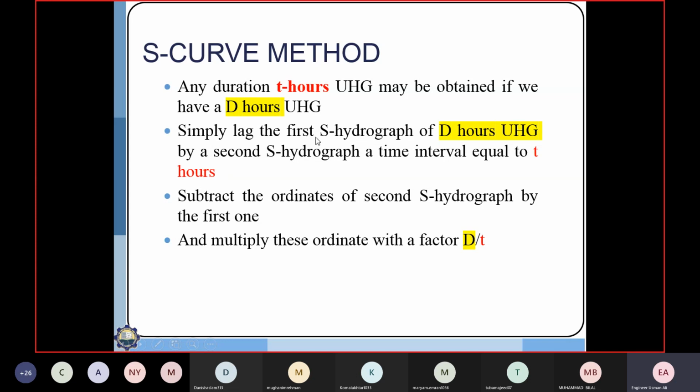One is the 4 hour S curve, which is obtained directly from this, and the other will be the offset of the S curve, which is lagged by T hour, which is 2 hours over here in this case. Then in the next step, you will subtract the ordinates of the second S hydrograph, which is the T hour S hydrograph, from the first one, which is the D hour S hydrograph.